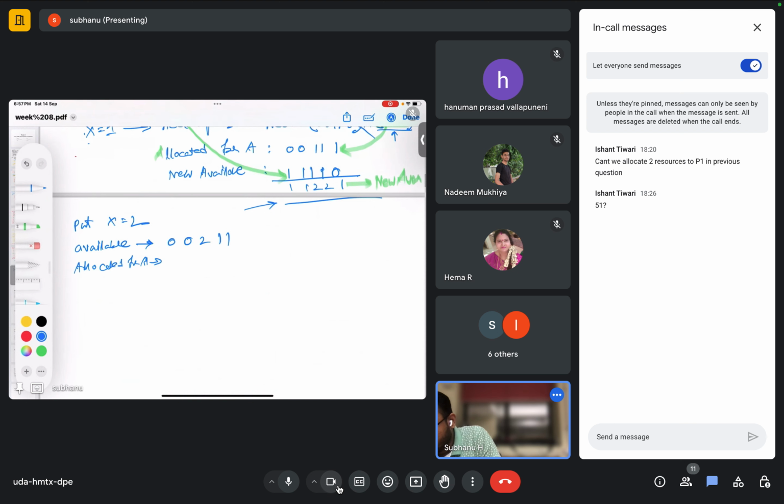Now what is the safe sequence? You can see that all the future need is less than the available.